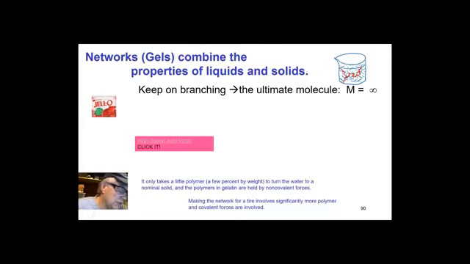Now, if I also form cross-links, so far I just branched it, just branched the snot out of it. But I could make shortcuts, right? I could make cross-link shortcuts. And there are chemistries that do this, and it's been studied a lot.